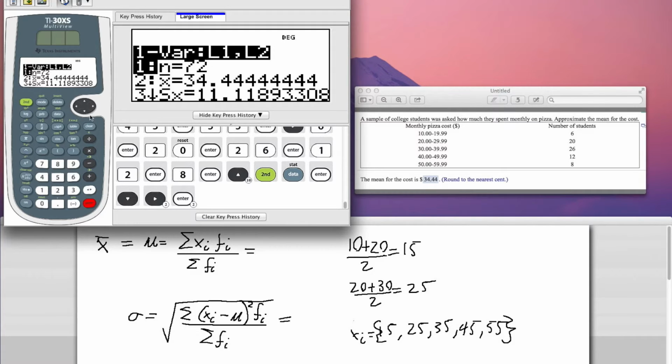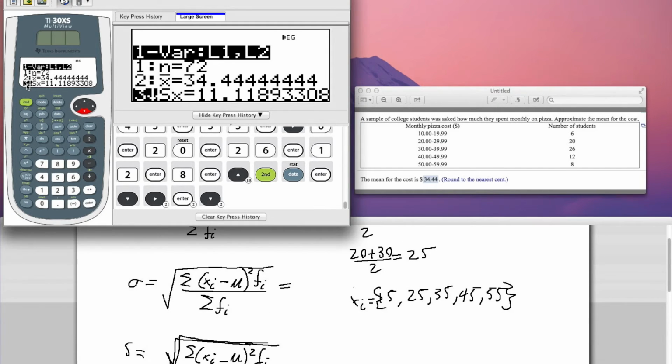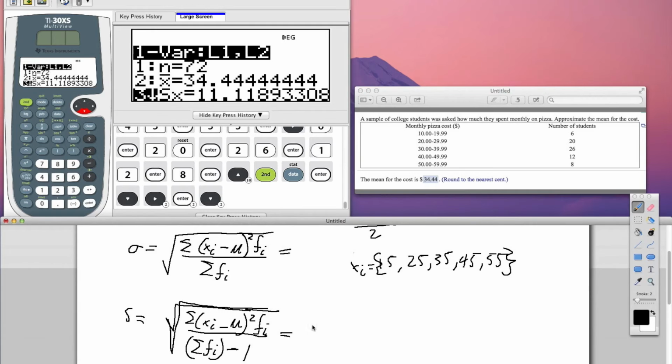Enter. And here are the values. Number 2 is the population mean or sample mean, which is 34.44. When we go to number 3, we have the sample standard deviation from group data.